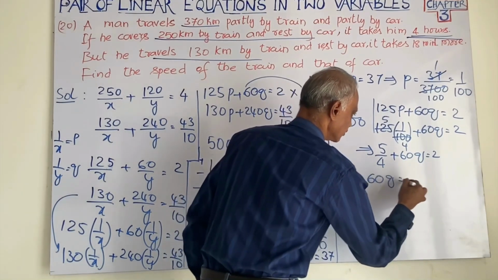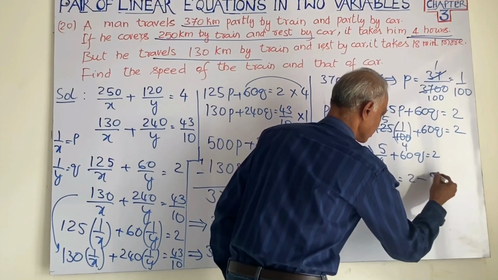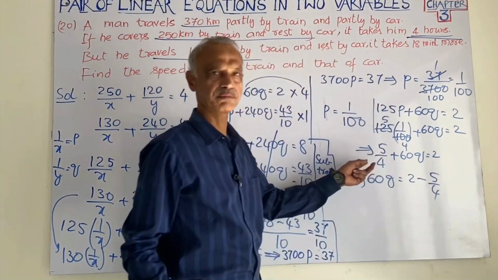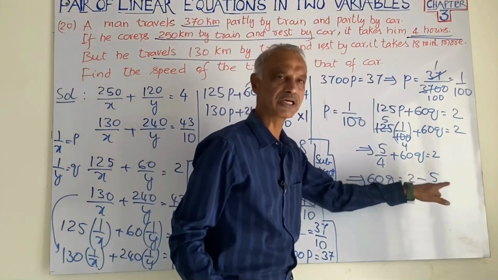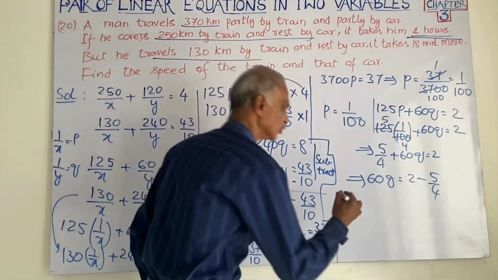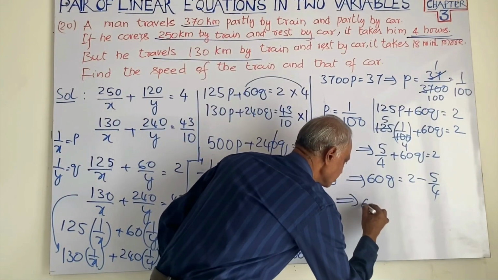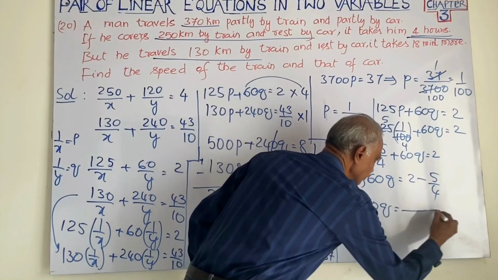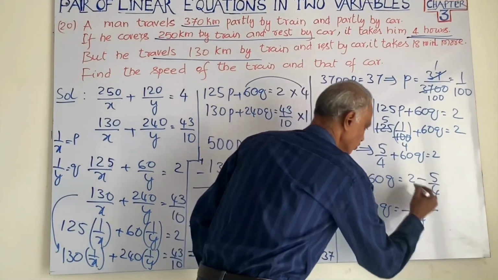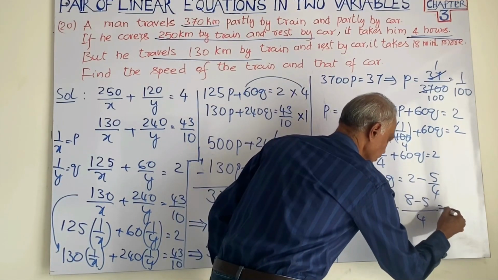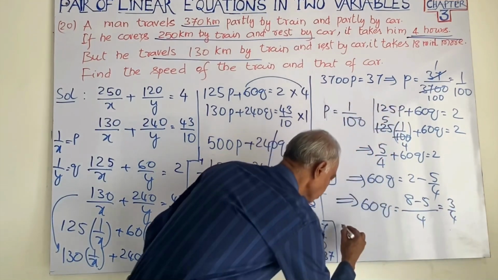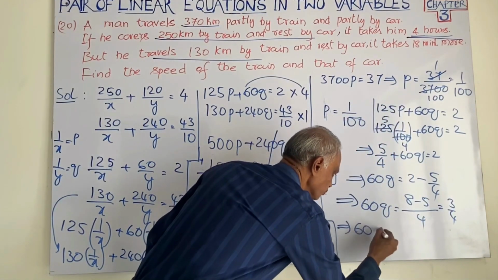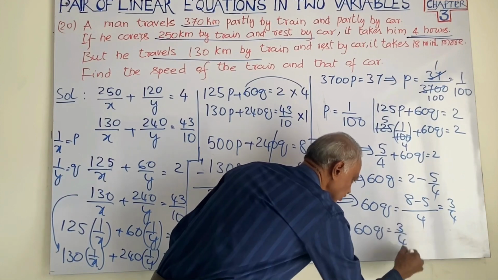You will have 60q is equal to 2 minus 5/4. Here plus is there, it goes that side and becomes minus 5/4. Take LCM: 4 twos are 8 minus 5, you will have 3/4. You got 60q is equal to 3/4.